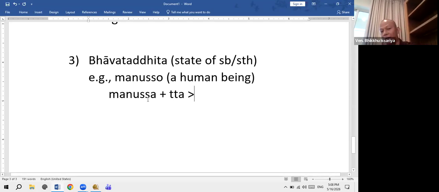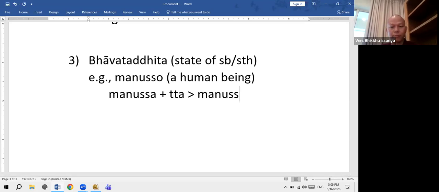But in this case, you see, Manosa is ending in a vowel, and the following suffix starts with a consonant, so the final vowel is not dropped. Okay.